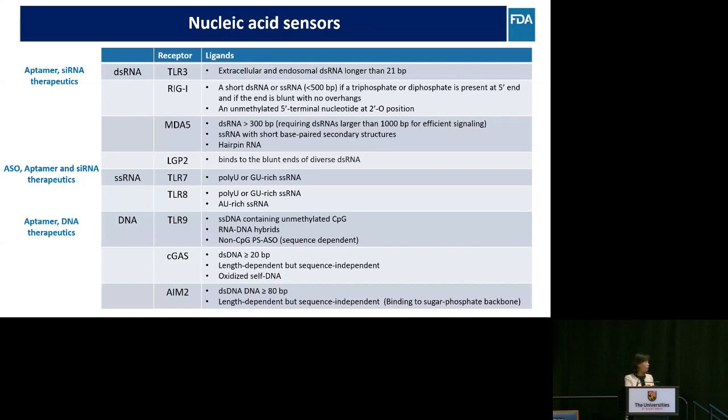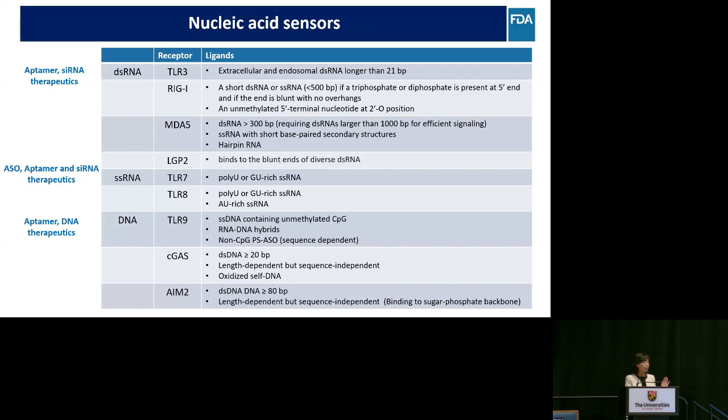Let's look at some nucleic acid sensors. In our body, there are several nucleic acid sensors that can bind to double-stranded RNA, single-stranded RNA, and DNA. I just brought some examples. TLR3, RIG-I, MDA5, and LGP2 are known as double-stranded RNA receptors.